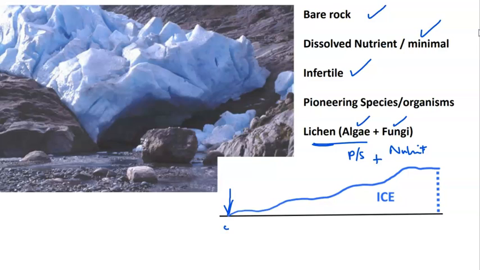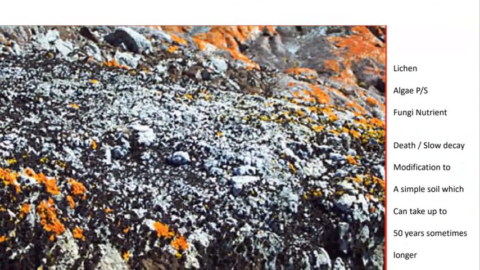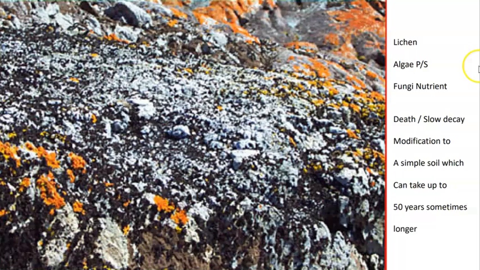Now we're going to maintain our standing position here at the snout of the glacier over a very, very long period of time, and watch the ice retreat and watch what happens beneath our feet. Initially, in a 50-year period, we would see the development on the rocks. The bare rocks would start to become covered in different types of lichen.